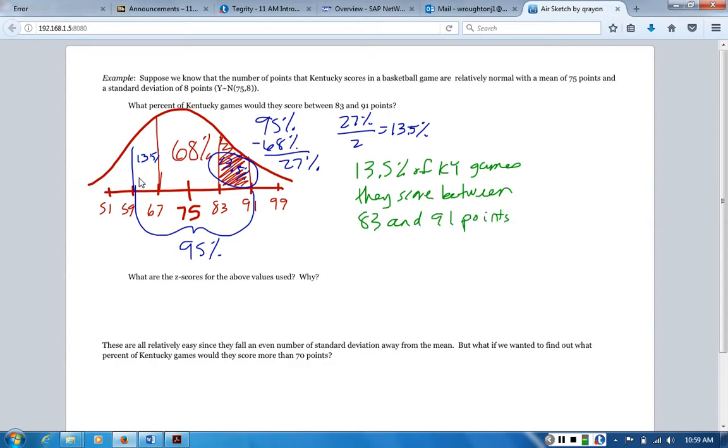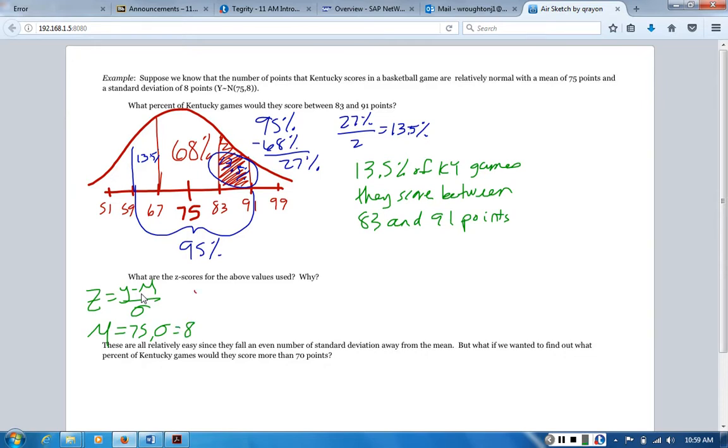Now, the first 2 we did in class together, and for this one we're going to talk about what the z-scores are, just to really understand what's going on here. Looking at the example I just completed, we have our formula for z. For every single one that I did, the mean was 75 and the standard deviation is 8, so that's the same each time.